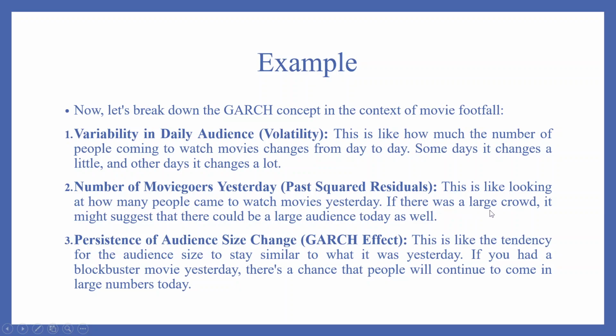If there was a large crowd, it might suggest that there could be a large audience today as well. Persistence of audience size change. This is like the tendency for the audience size to stay similar to what it was yesterday. If you had a blockbuster movie yesterday, there is a chance that people will continue to come in large numbers today also.